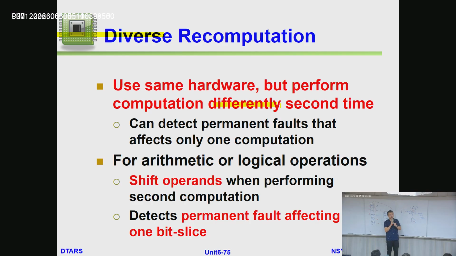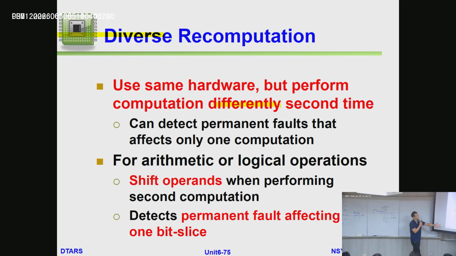In this way, if there are some permanent faults affecting this zeroth bit adder, because the first time you use A0, B0 and the second time you use A1, B1, the input is changed. Then we can detect a permanent fault affecting only one bit slice.